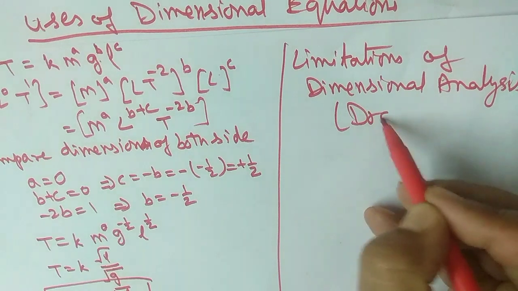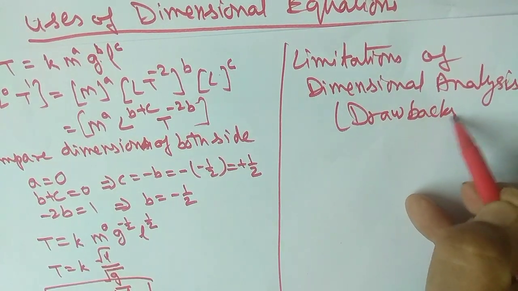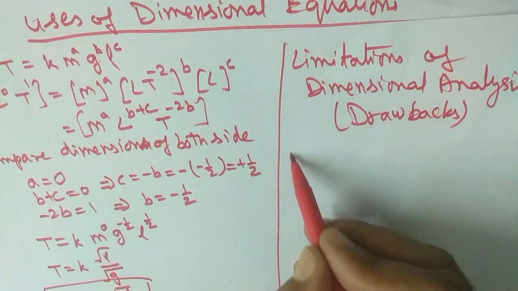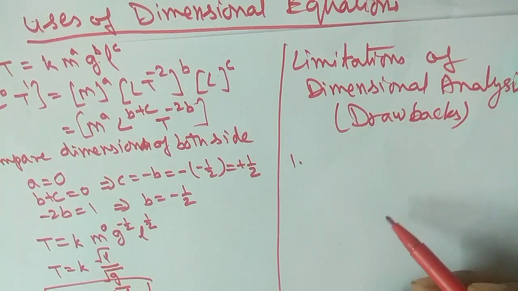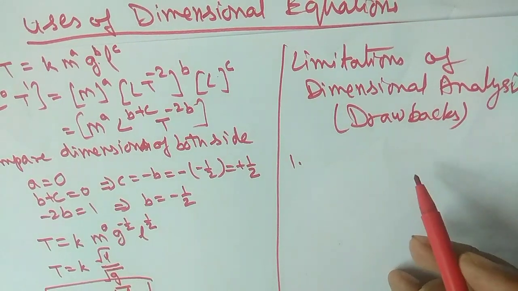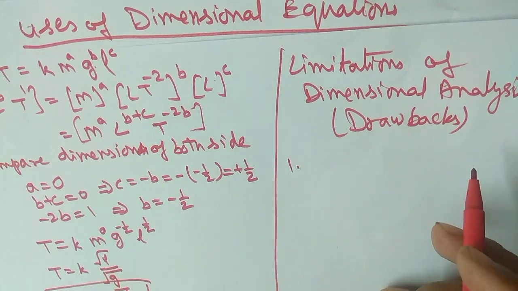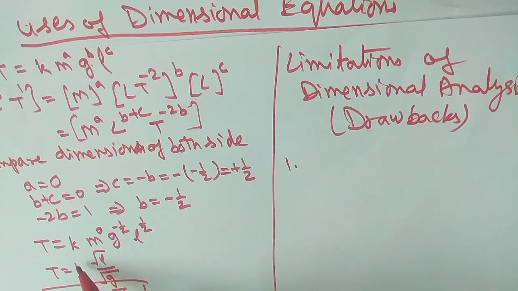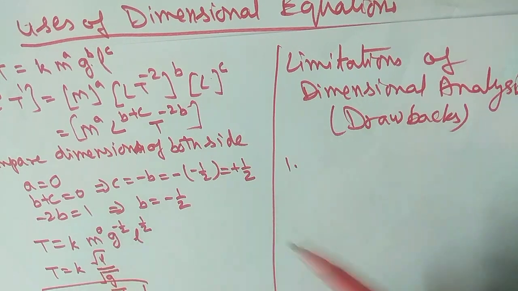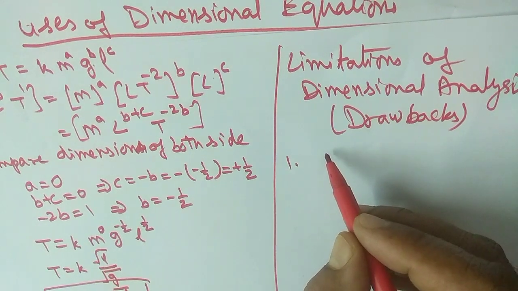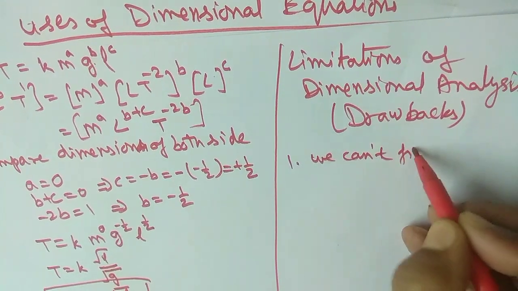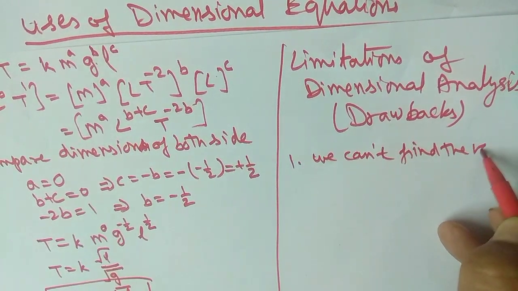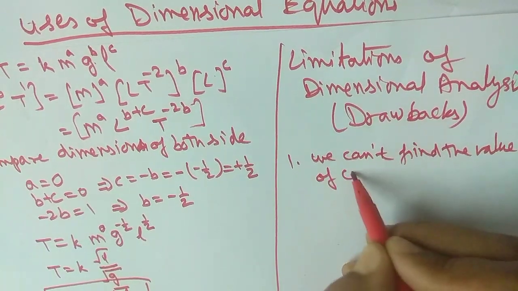See what the limitations, or drawbacks, are. First, by this method, the value of any dimensionless constant involved in the formula cannot be calculated. For example, we could not find the value of K here. It is a constant, so we can't find the value of the constant.